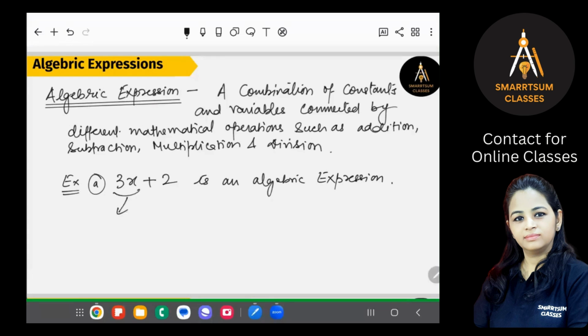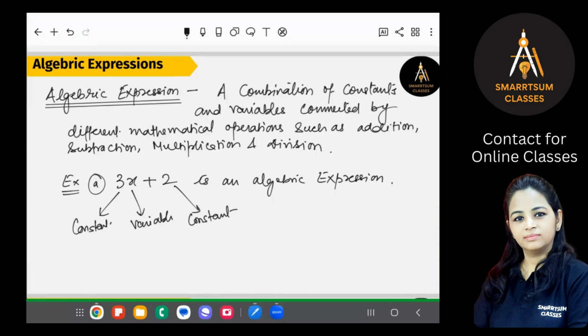In 3x, 3 is a constant term, x is the variable, and 2 is also a constant. So there are two constants and one variable.